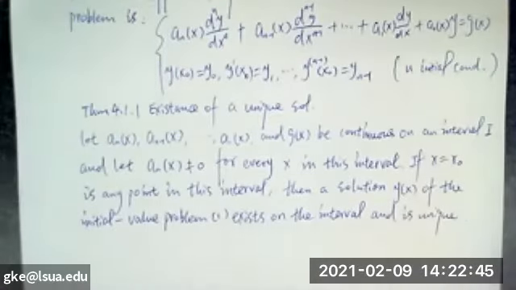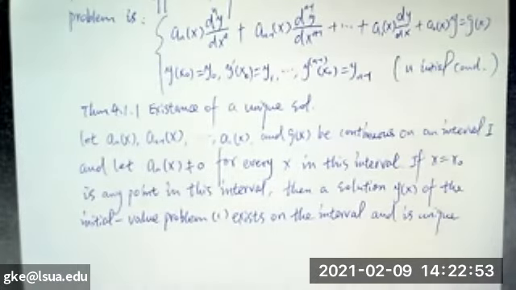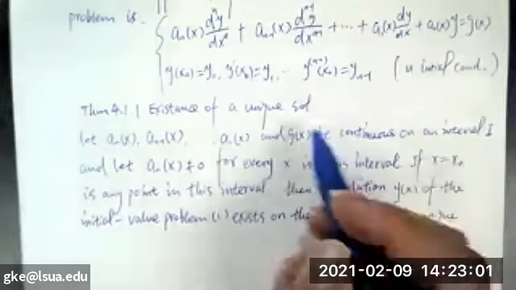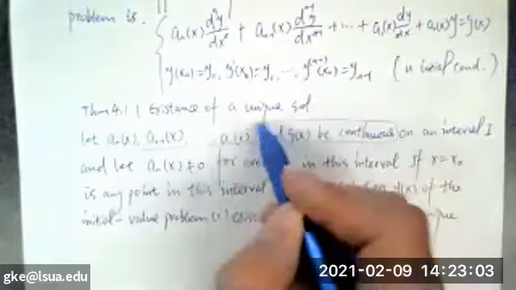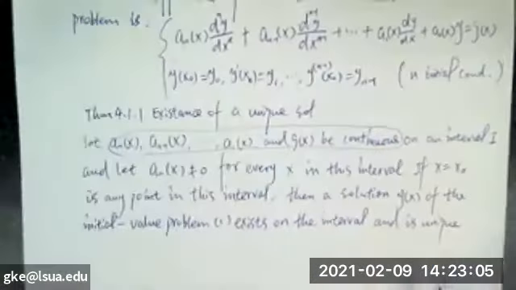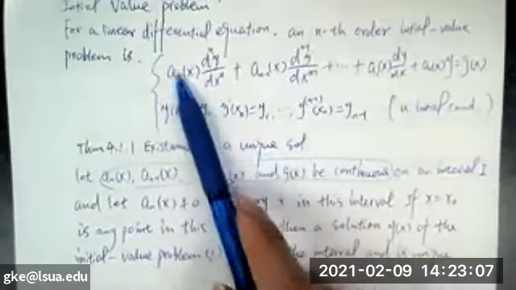Okay, so now I give you guys a very specific theorem to prove that an initial value problem has a unique solution. So what kind of condition? The first thing is that the coefficients should be continuous. What do we mean by continuous? There's no breakpoint.